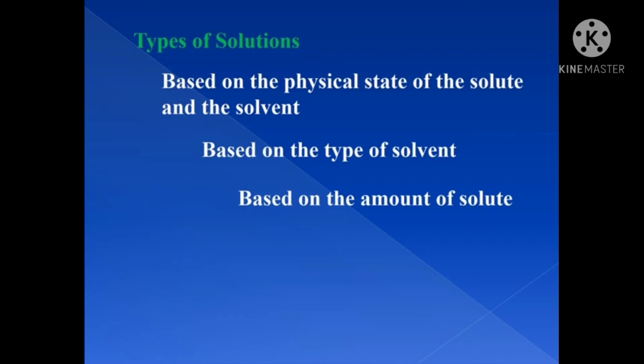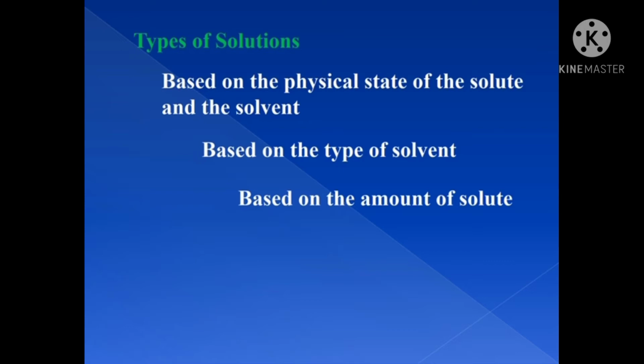Normally the solvent exists in the liquid state, and the solute is either in the solid or gaseous state. The solvent constitutes the major part of the solution, so it determines the characteristics of the solution also.